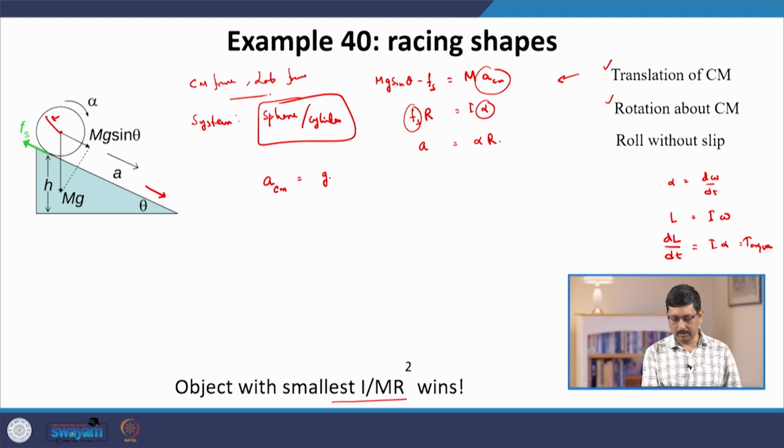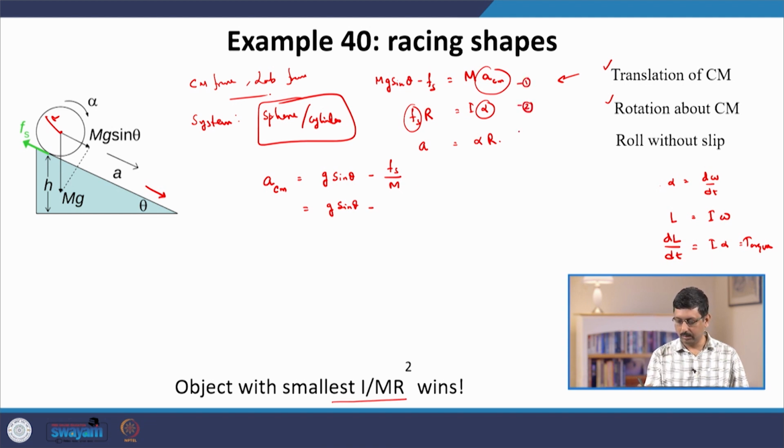This is given by g sin theta minus F_s by m. The F_s from equation 2 we can write as I alpha divided by r, and from 3 we can write alpha as a by r.